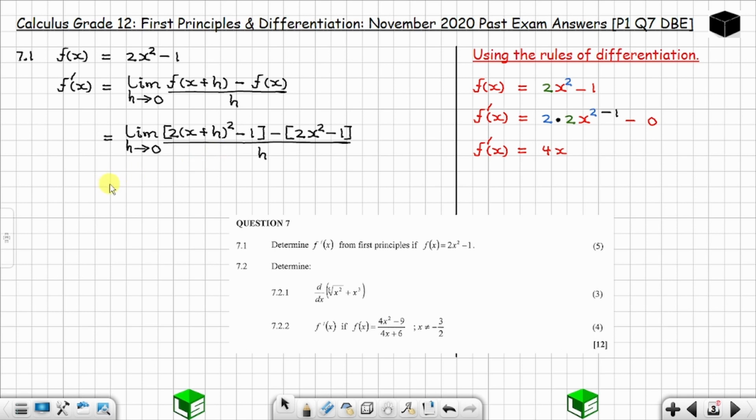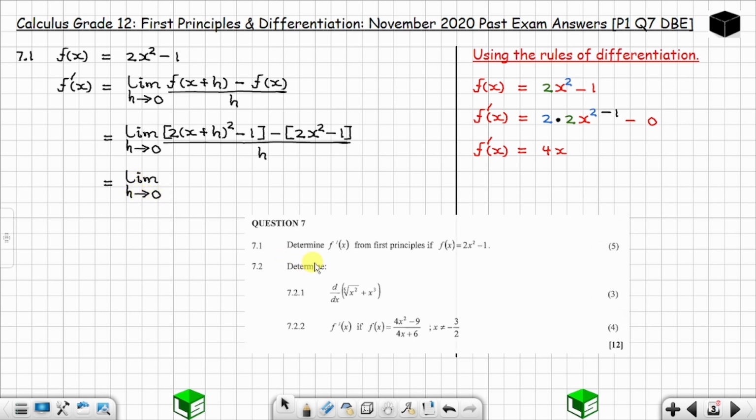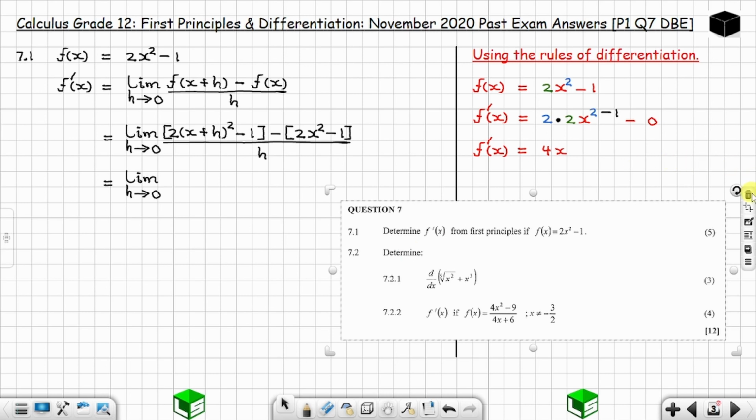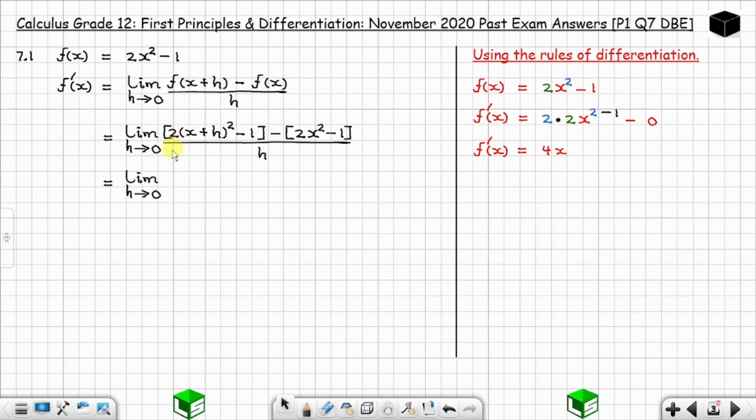And so this is equal to the limit as h approaches 0. Let me do this. Maybe I can close this. So you have the square bracket, 2 times this. Remember, this is to the power of 2, so you have x plus h twice, like this: x plus h times x plus h.